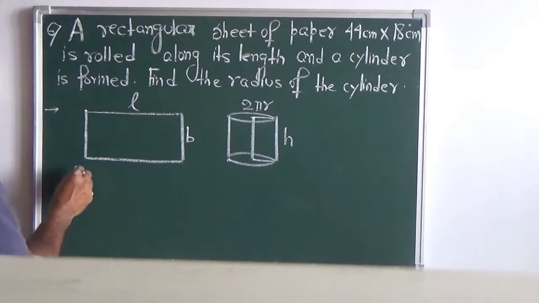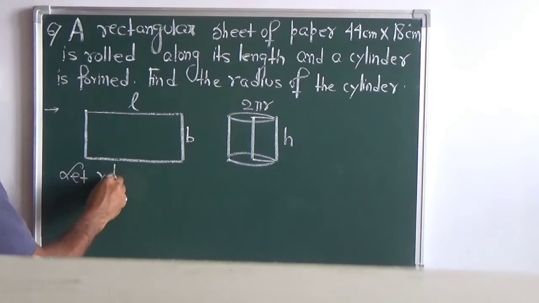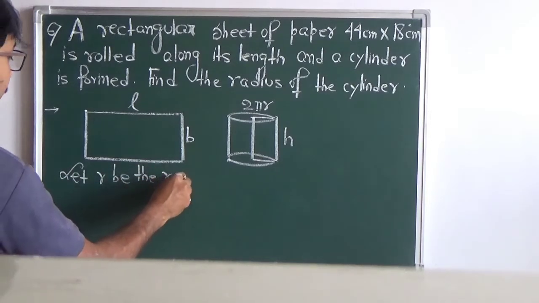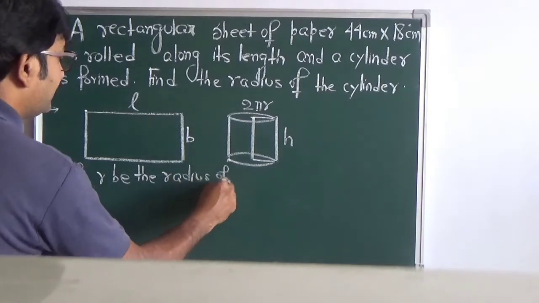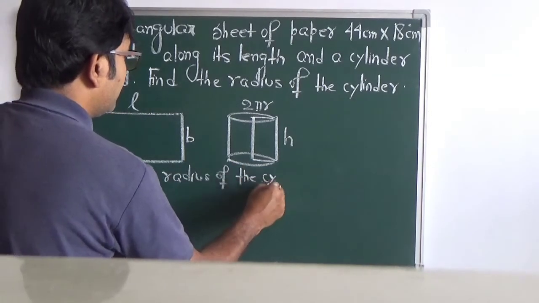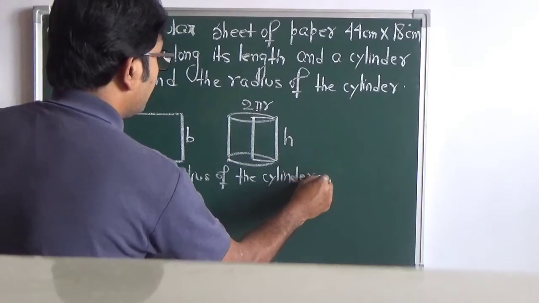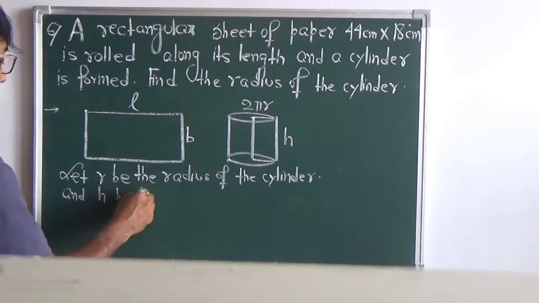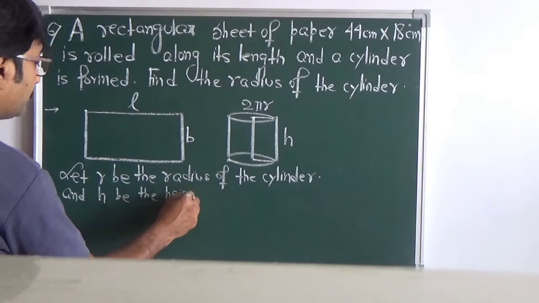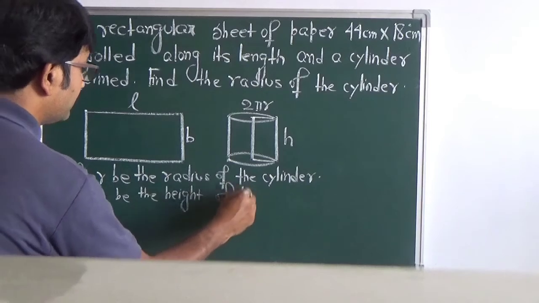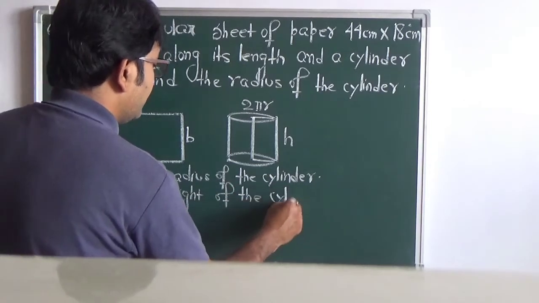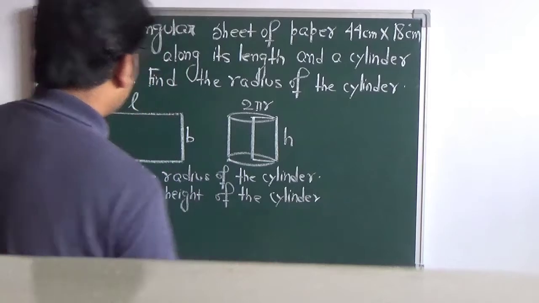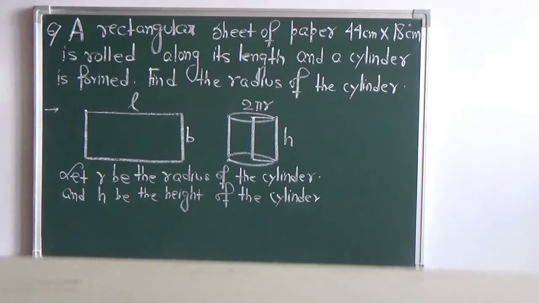So let r be the radius of the cylinder. So you have to find the radius of the cylinder. And let us take h be the height of the cylinder. So r is the radius of the cylinder and h is the height of the cylinder.